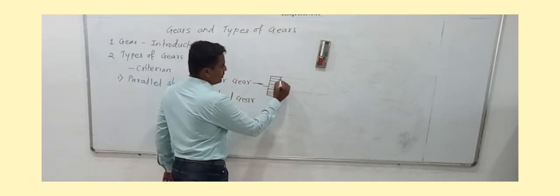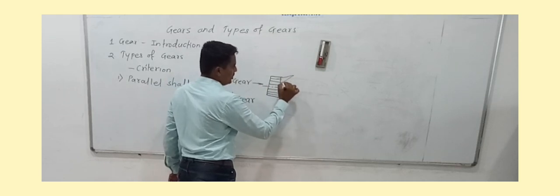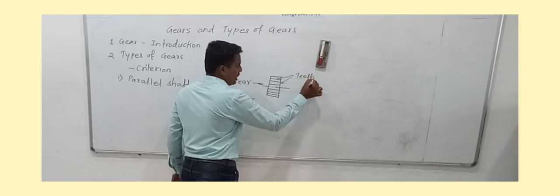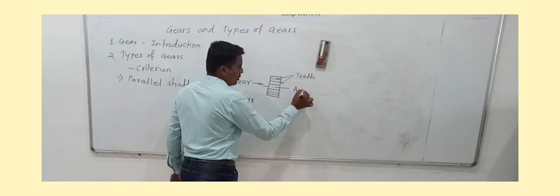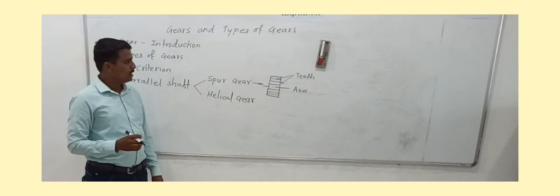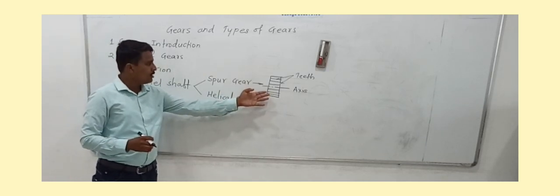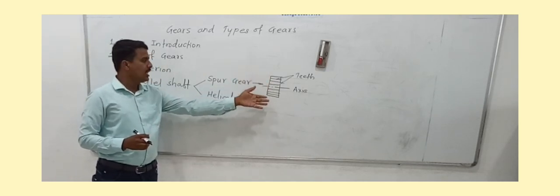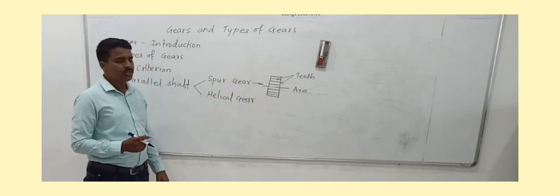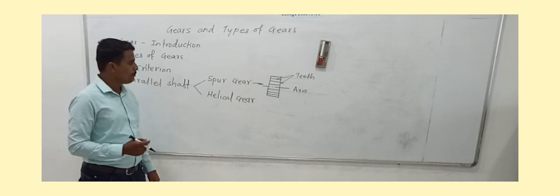So these are the teeth of a gear, and this is the axis of the shaft on which the gear is mounted. Correct? If the nature of the teeth is like this, we can say it is a spur gear, and these spur gears are generally preferred for parallel shafts.